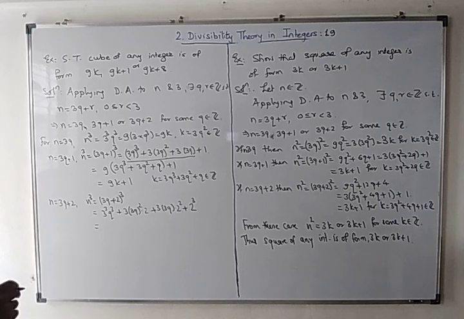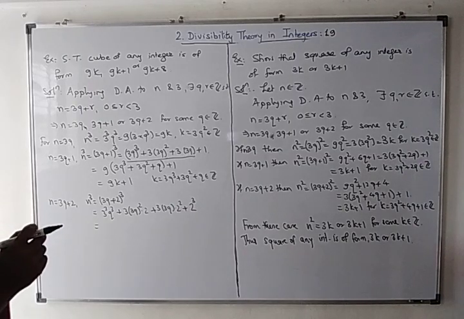I have to show that it is of the form 9k plus 8.